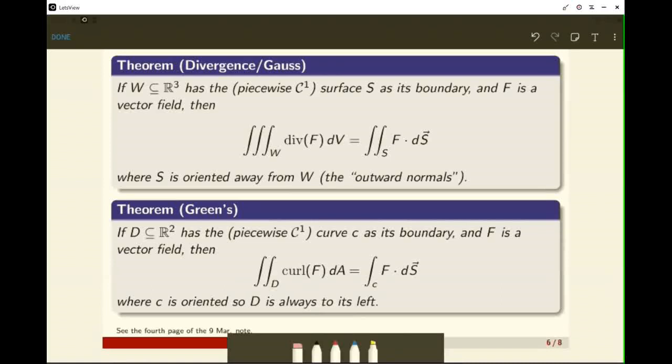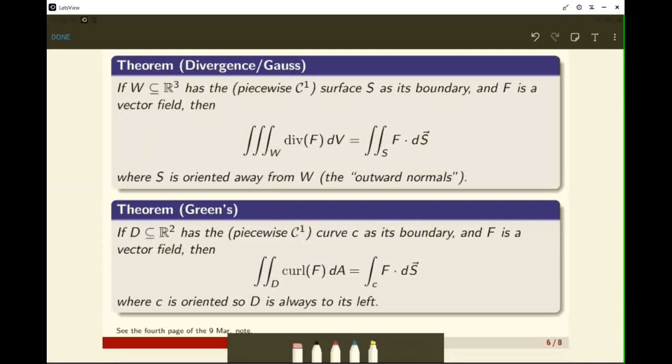And so these 2 theorems can help either way. Often, if you're interested in the circulation or the flux, these quantities on the boundary, it will sometimes be easier to take the derivative and do the integral over the bulk.